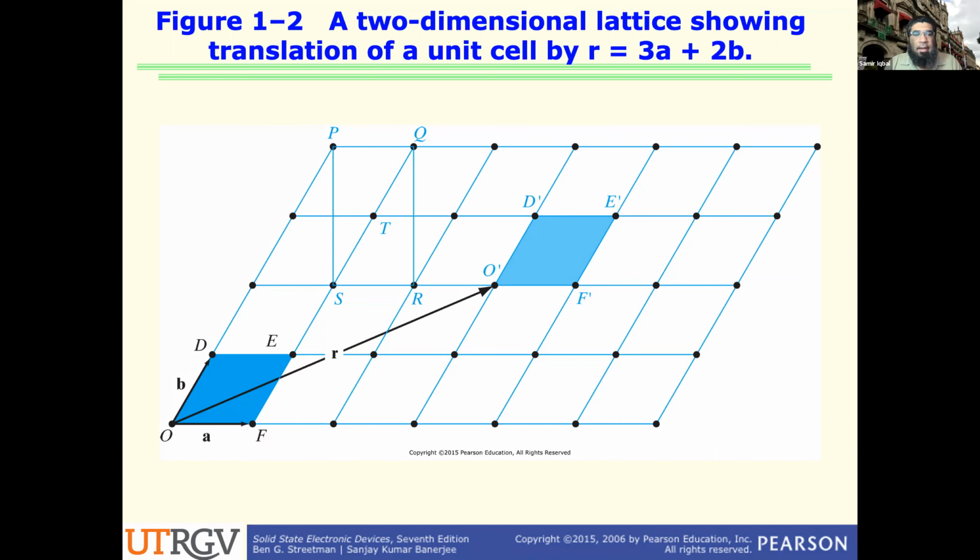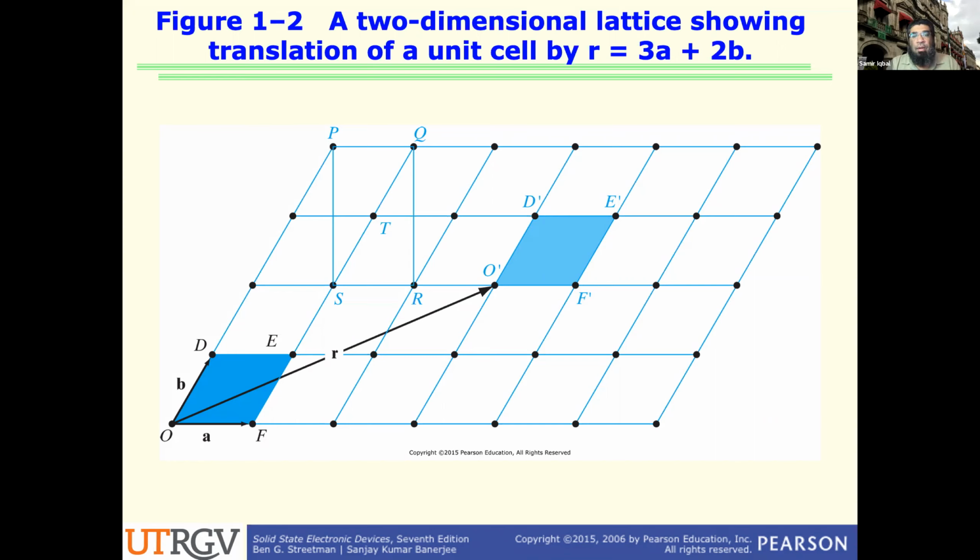So for every crystalline material, we have a unit cell, and for every unit cell, we have a lattice constant, which is given with the variable small a, right? Now, from the unit cell, we can find the distance of any other unit cell for that matter.